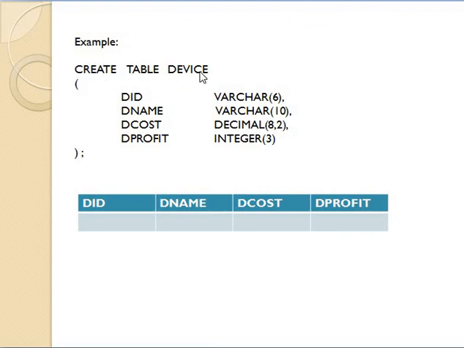This statement creates a table specified by the name device, and this table has a body which is represented by the opening brace and the closing brace, and inside the body of this table named device there are 4 columns specified by the names did of data type varchar, dname of data type varchar, dcost of data type decimal, and dprofit of data type integer.